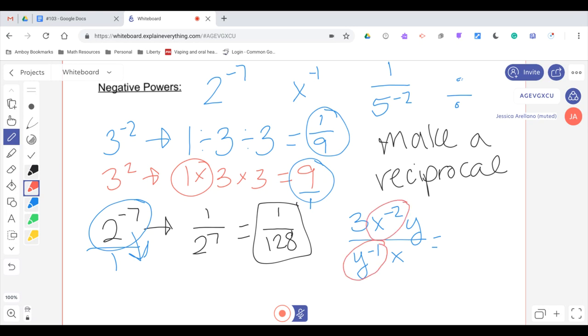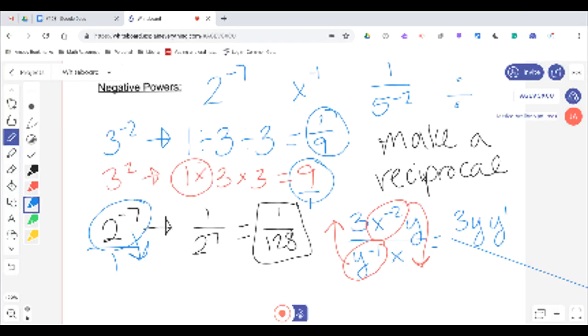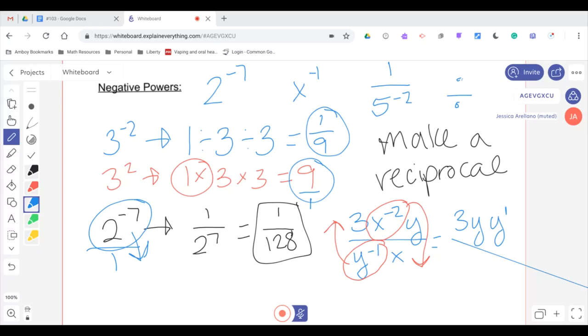My x to the negative 2nd and y to the negative 1st are my two things with negative exponents. They are going to switch whether they're on the top or bottom, but everything else stays the same. So my 3 remains up top, my first y stays, my second y comes up. You can put that 1 there if you would like. And then on the bottom, I have that original x, and now I have x squared.